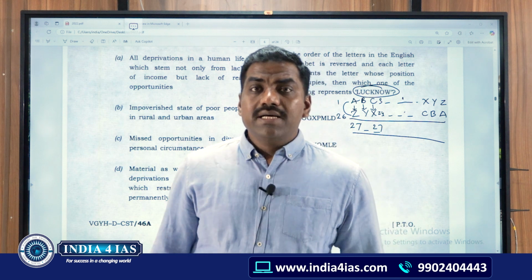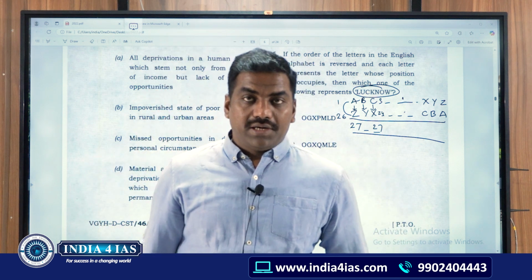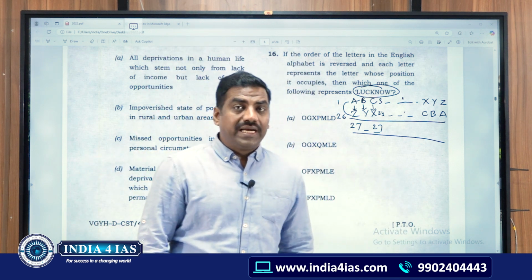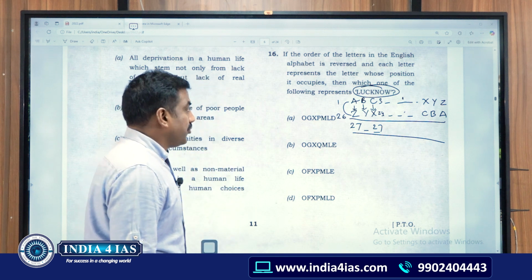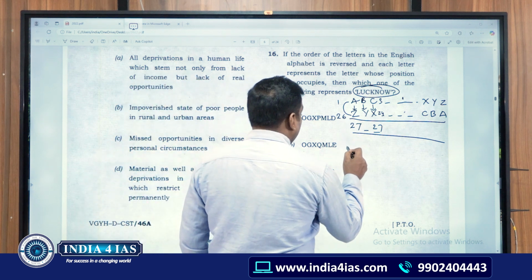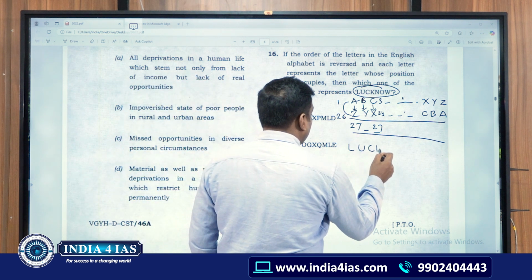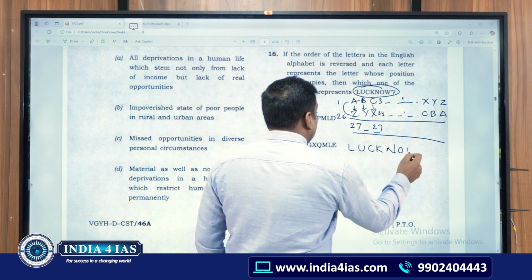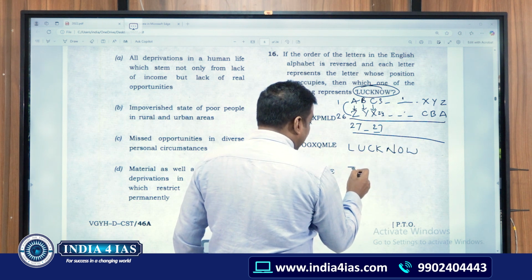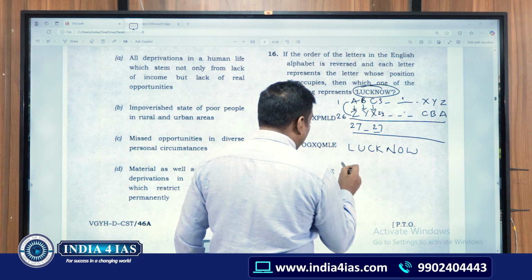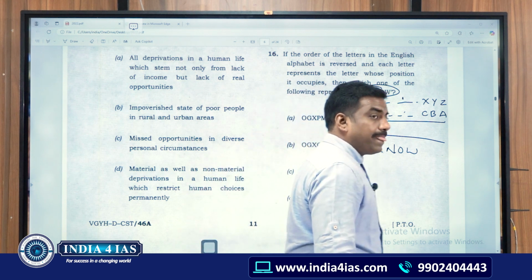For each corresponding letter, they will make the sum 27. In this case, Lucknow. So the letter L and the letter which comes here give me the sum of 27. This is the approach.